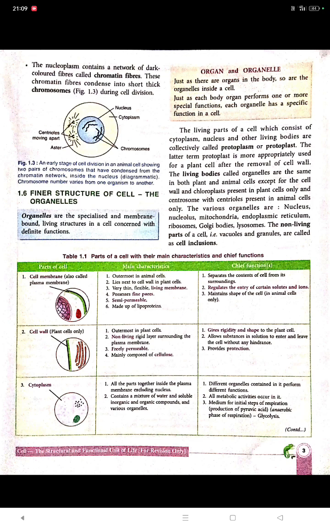All metabolic activities occur in it. All metabolic processes take place in the cytoplasm only, and it acts as a medium for the initial steps of respiration.